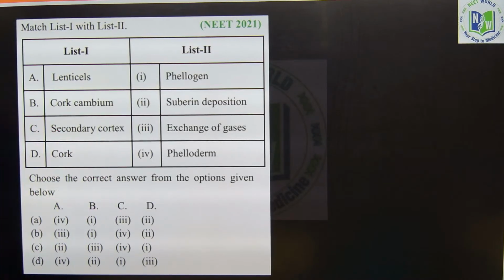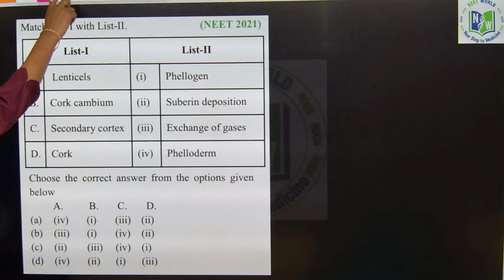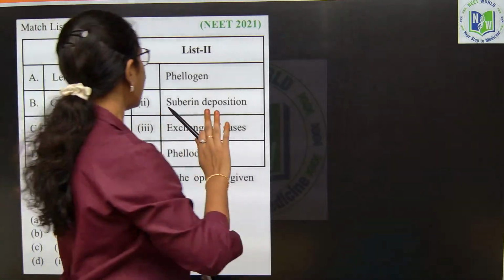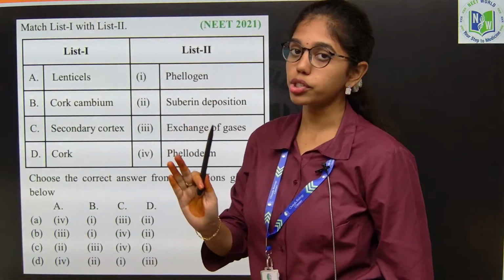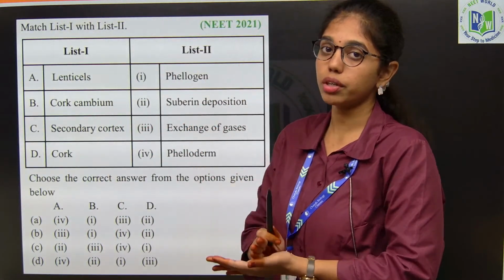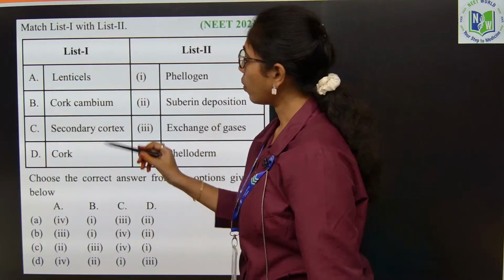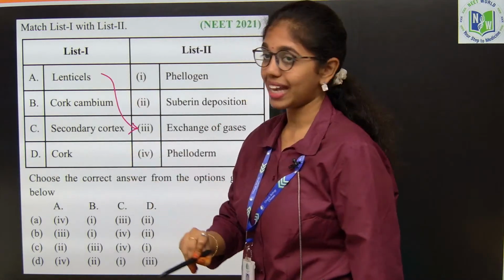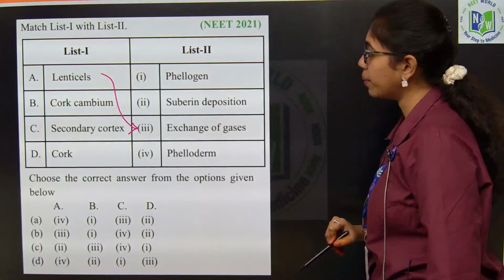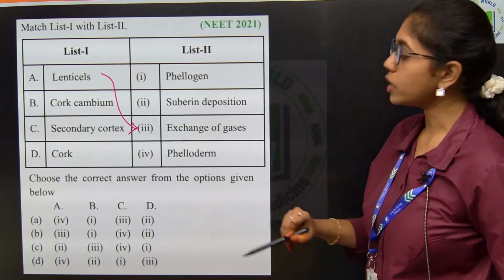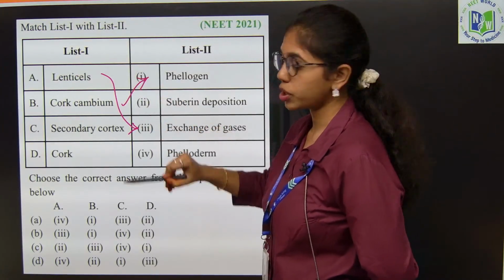Yeah. So here again, this is a match the following type of question that appeared in NEET 2021. Look at it carefully. First, lenticels, whose main function is exchange of gases, which you will observe in the stem. Next, cork cambium. Cork cambium is also called phellogen, which is option 1.